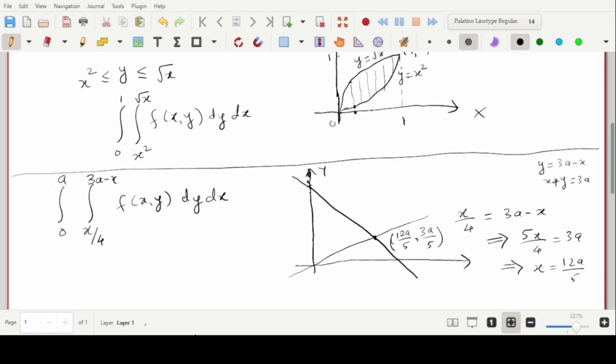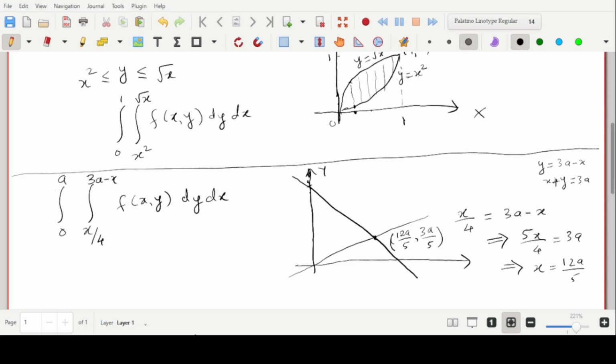Now what are the limits between which x varies? 0 and a. Observe that this 12a over 5 is larger than a. In fact, it is larger than 2 times a.